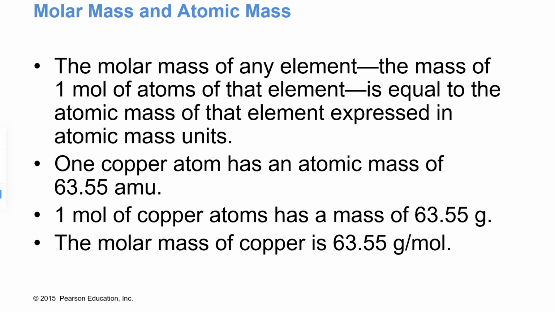So 1 mole of copper atoms has a mass of 63.55 grams. Thus, the molar mass of copper is 63.55 grams per mole. So now we're starting to see that a mole can be used as a conversion factor.